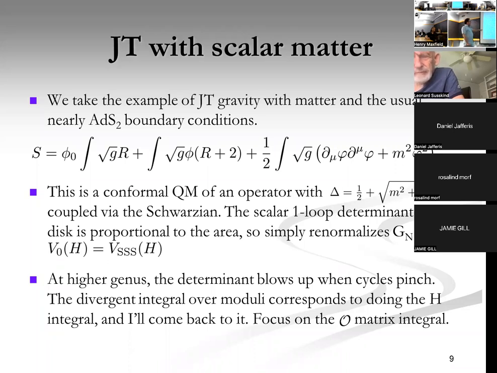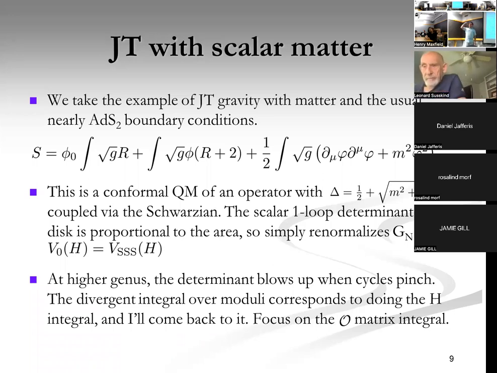But now, of course, at higher genus, the determinant just blows up when cycles pinch. It looks like when the cycle pinches in the bulk, it's like a very high temperature limit of the matter theory. And if the matter theory in the bulk has some non-zero central charge, I get a divergence that looks exponential.